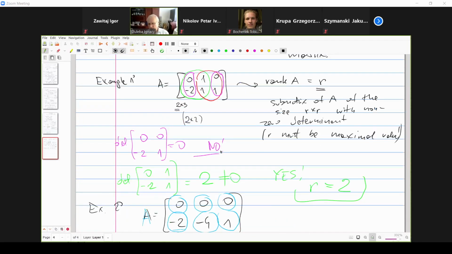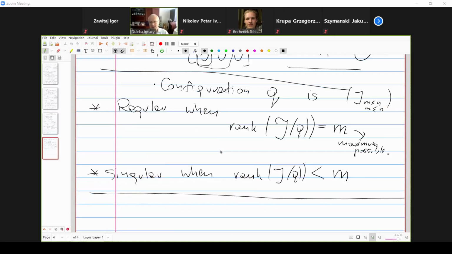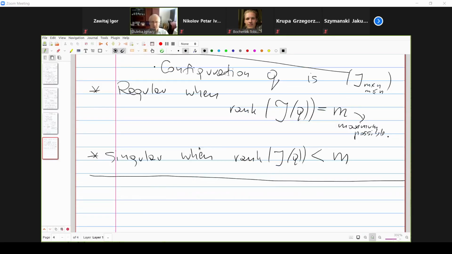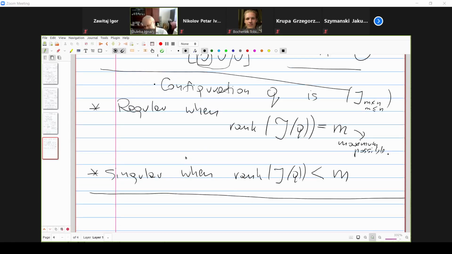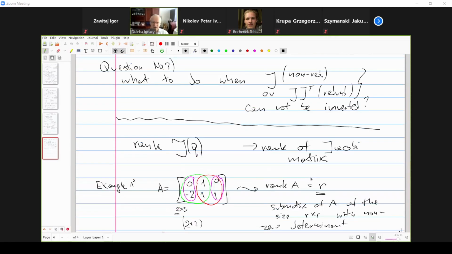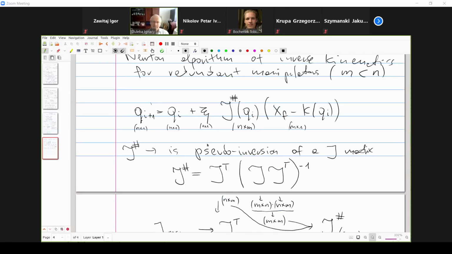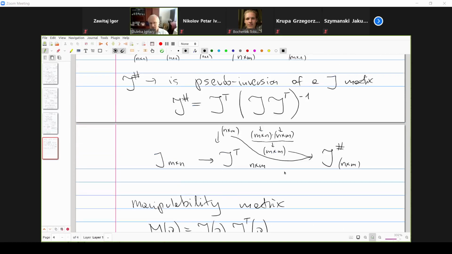Of course, why are singular configurations so bad in robotics? Because if we are at a singular configuration, the rank of the Jacobi matrix drops below its maximum value, and we cannot directly apply this or the previous algorithm because we will encounter a problem with inverting the matrices.